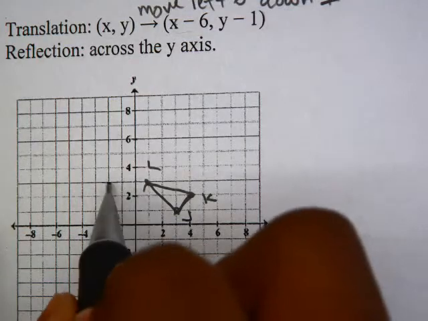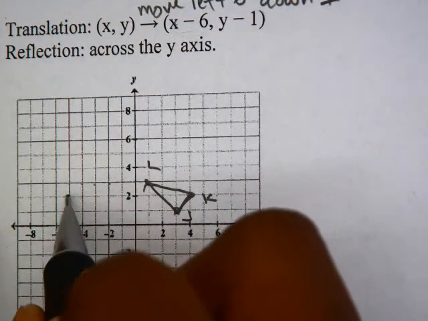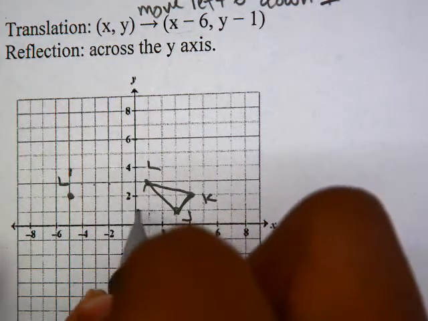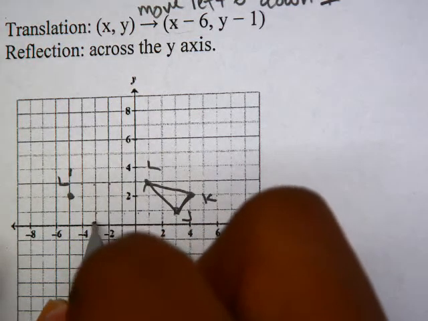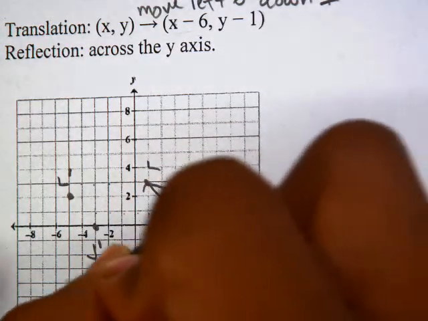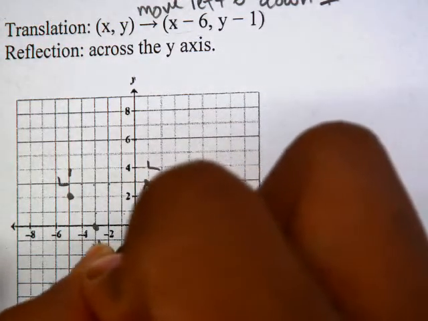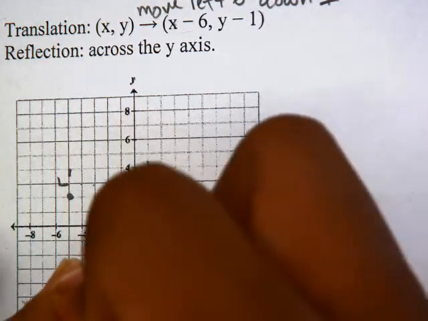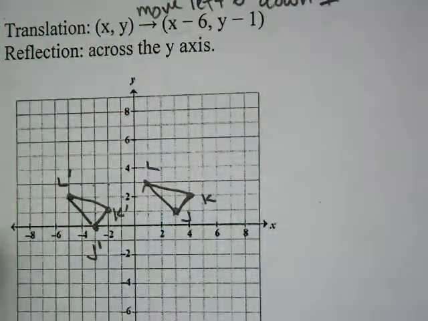So 1, 2, 3, 4, 5, 6, down 1. That's my L prime. 1, 2, 3, 4, 5, 6, down 1. J prime. K prime. 1, 2, 3, 4, 5, 6, down 1. So that's my result after the translation.